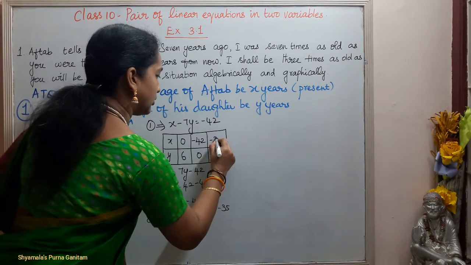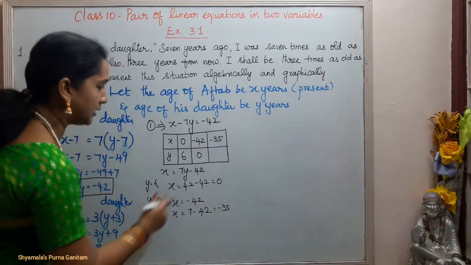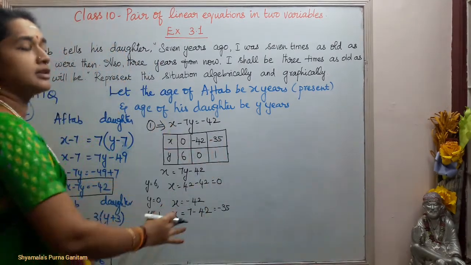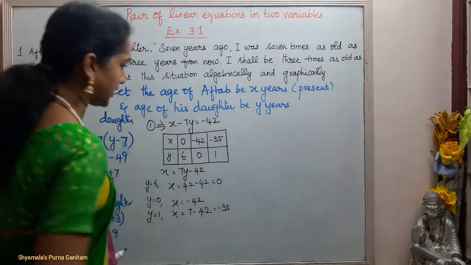So my x value is minus 35 and my y value is 1. So I got 3 coordinate points for the given condition.